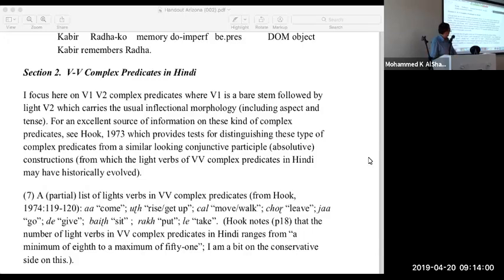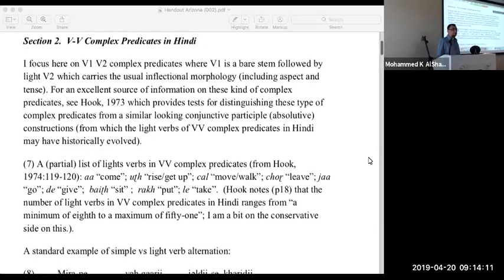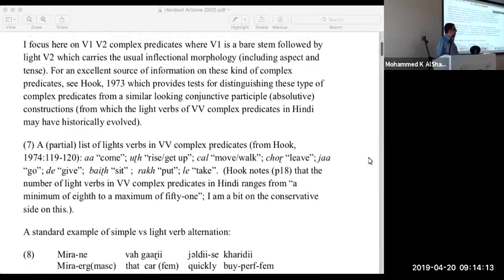But in this part of the grammar, what we find is that the language has a relatively small set of verbs that actually function as light verbs. By small, I mean in my own language, I think I use maybe about a dozen or so light verbs.